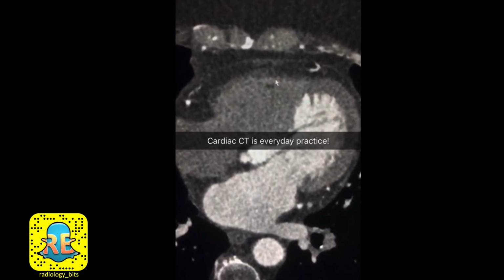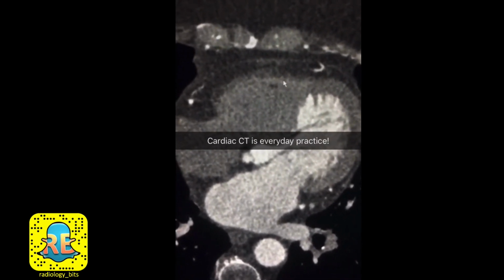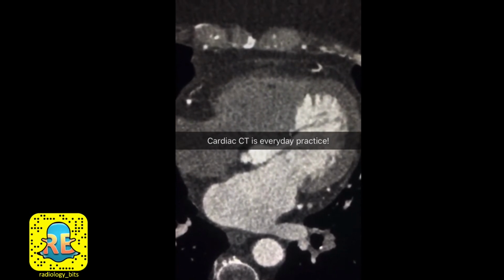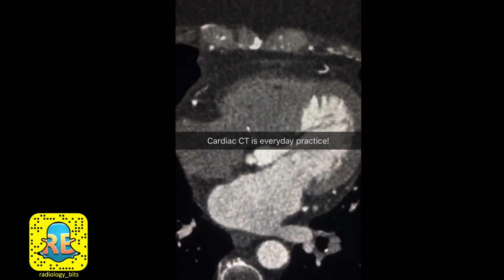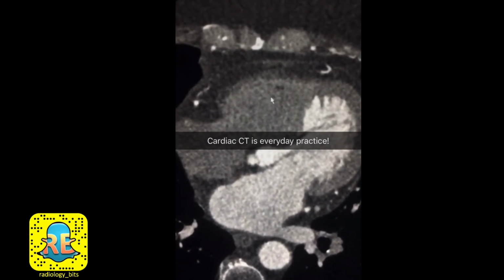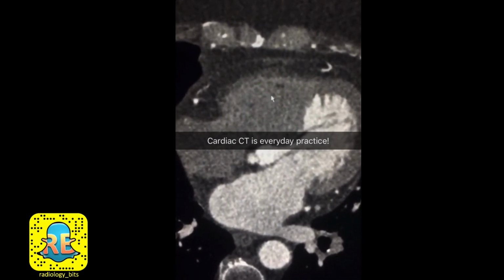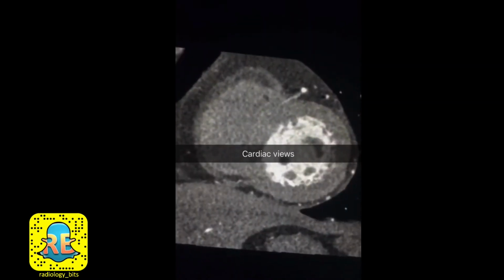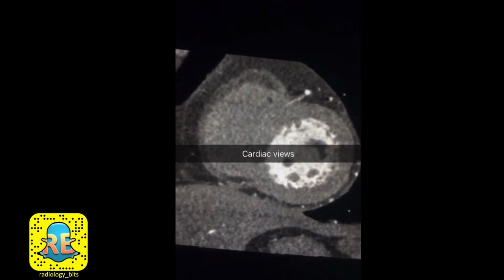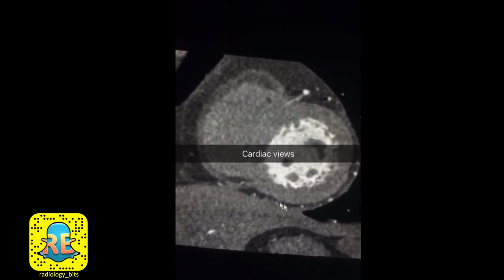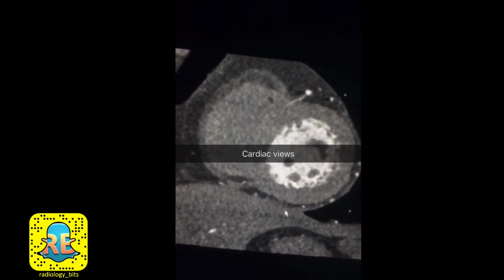Now, summarizing what we talked about today, cardiac CT for assessing the coronary arteries and the large cardiac structures is possible nowadays using new technologies with ECG synchronization. Although we didn't talk about all the cardiac planes, we learned a little bit about the four-chamber view and the short axis view.